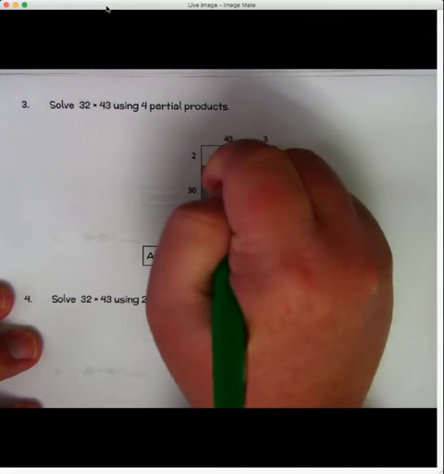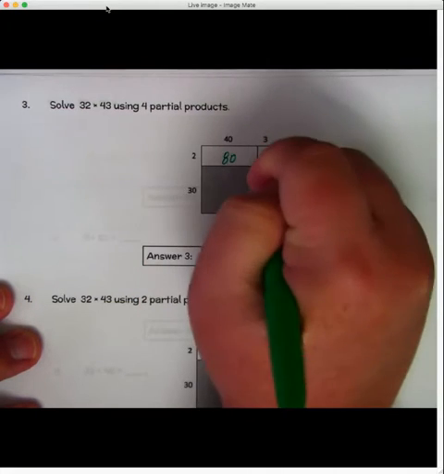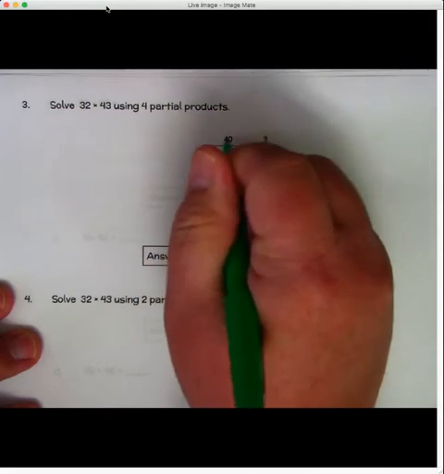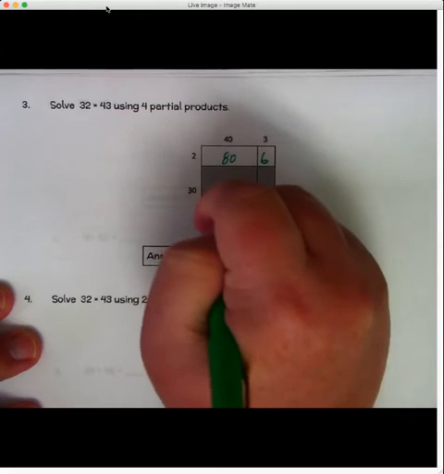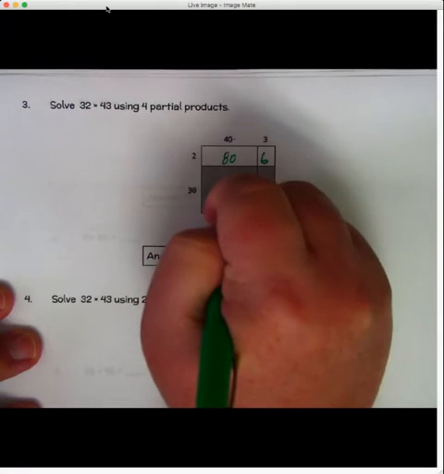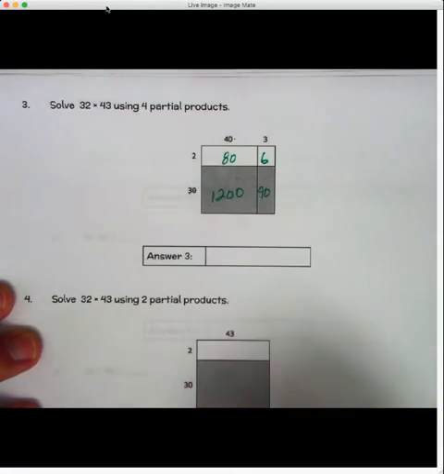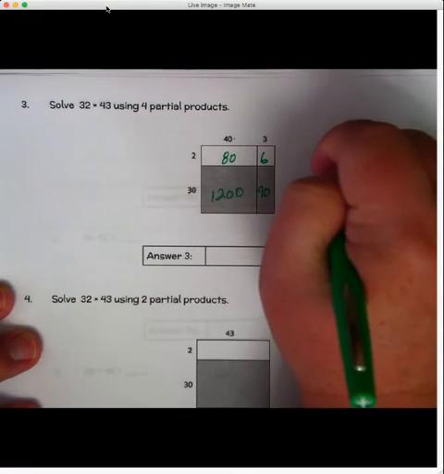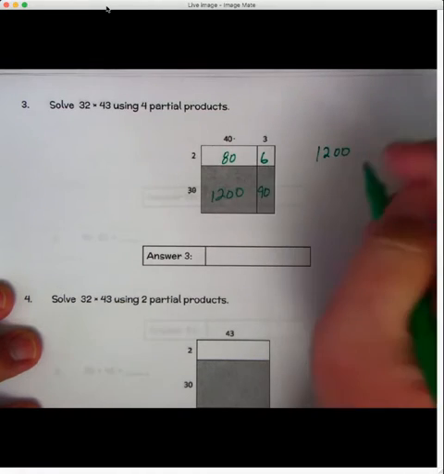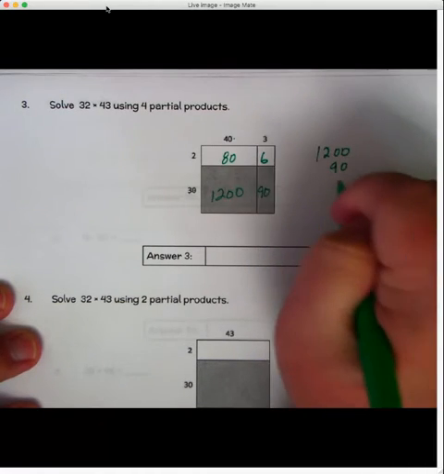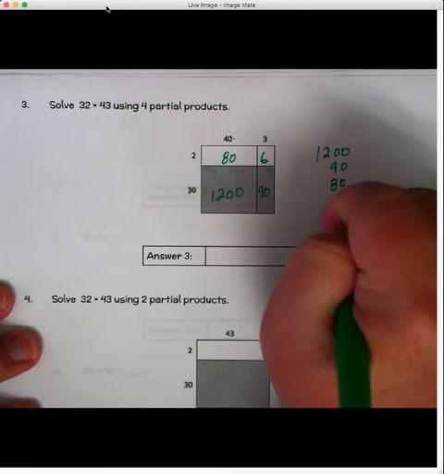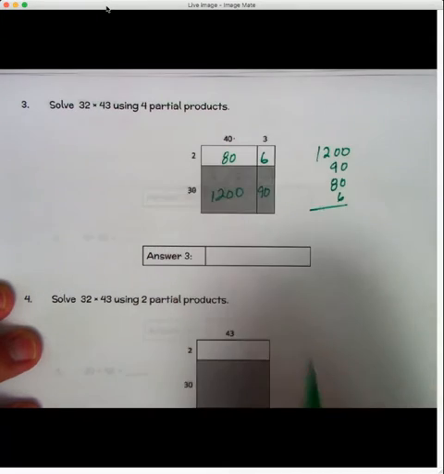2 times 40 is 80. 2 times 3 is 6. 30 times 40, that's 3 times 4 is 12. Add our 2 zeros. 30 times 3 is 90. Then we add them all up, 1,200. Like he said, make sure you line your numbers up in the right place. So I took these 4 numbers inside the boxes.